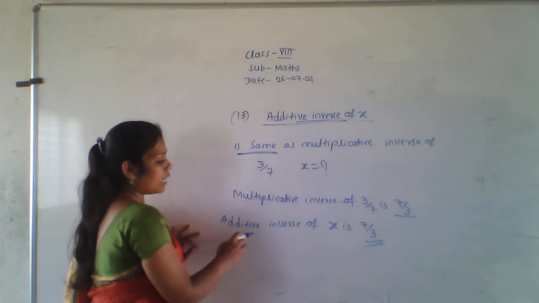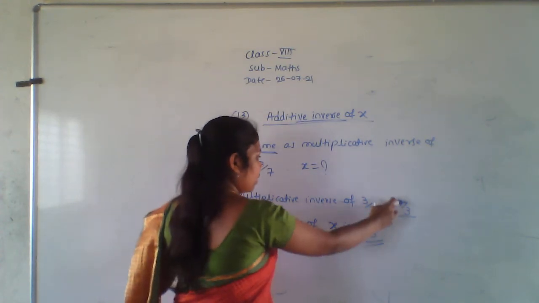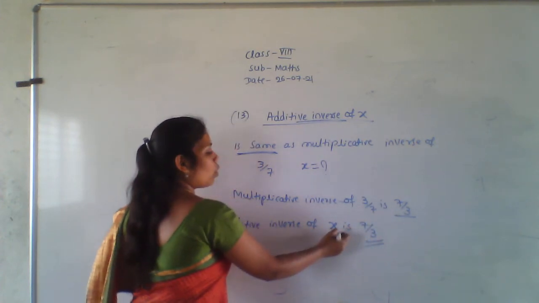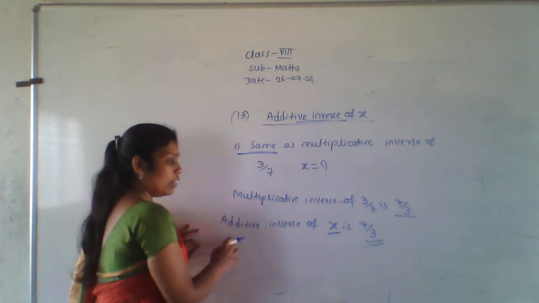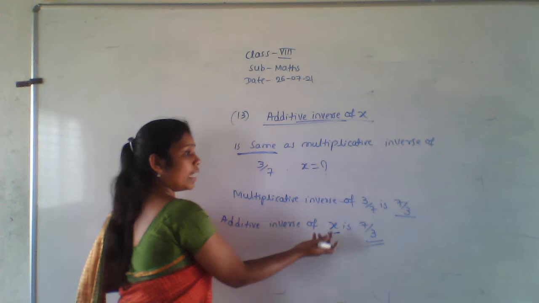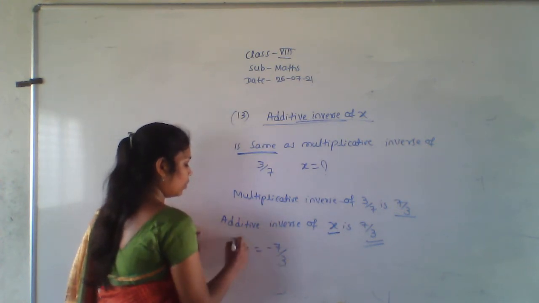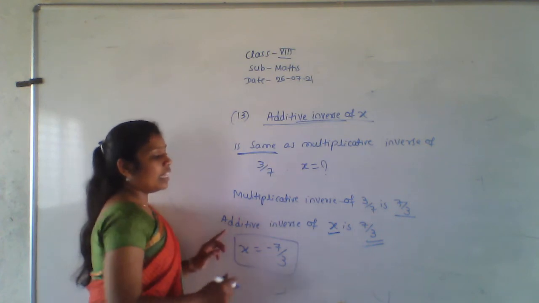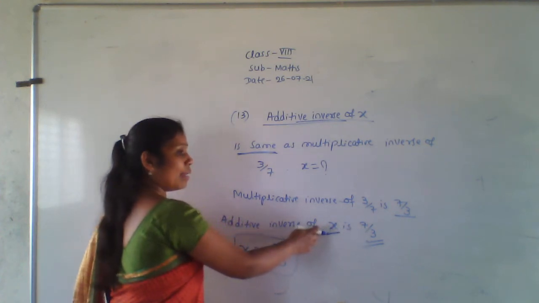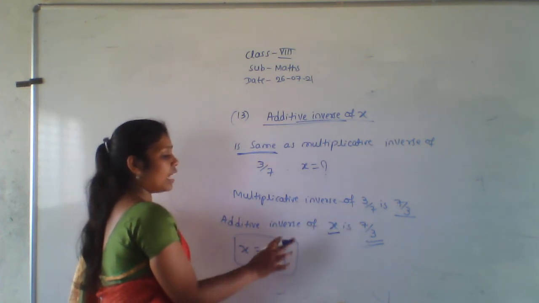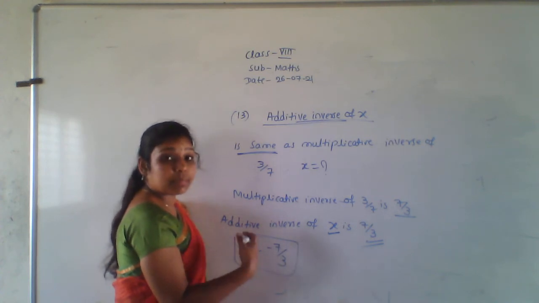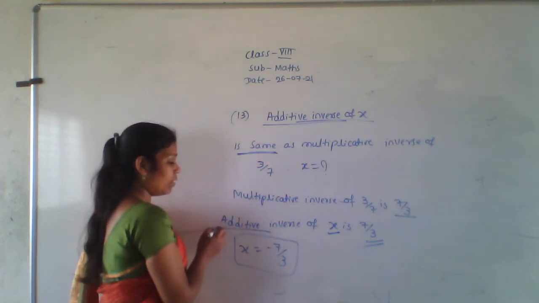For that reason additive inverse of x is what here? 7 by 3. Then what is x here? So x is equal to what? Minus 7 by 3. Because if the inverse is positive, then the element must be negative. If the element is positive, then the inverse must be negative in an additive inverse, right?